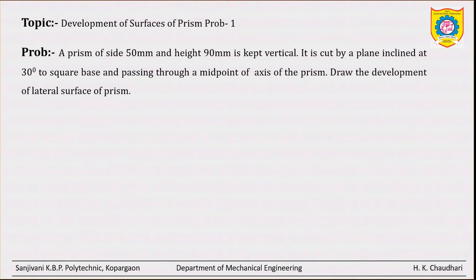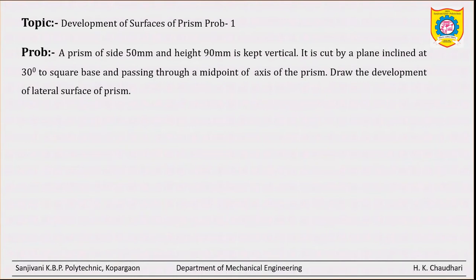Such there are four rectangular faces. They are vertical, clear. So for that we have to draw the square which is the top surface as well as the bottom surface. As the prism is kept vertical, its top view will show the square surface, clear.